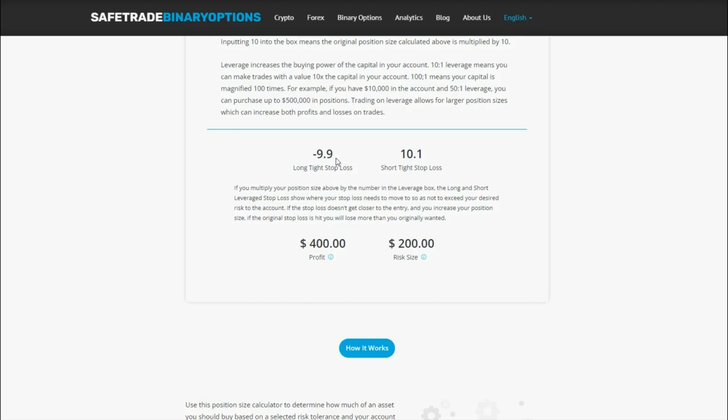And this is going to show you what the stop loss level would have to be to bring this risk back down to your original amount that you had put in at the top, which was we'd only be willing to risk $20 or a certain percentage of our account. So $9.90, keep that in mind. Our stop loss is down to 10.